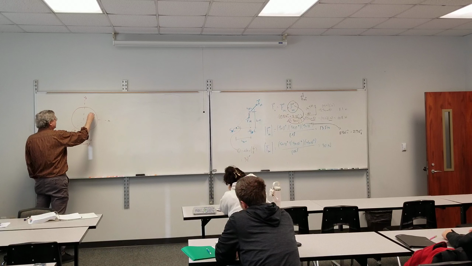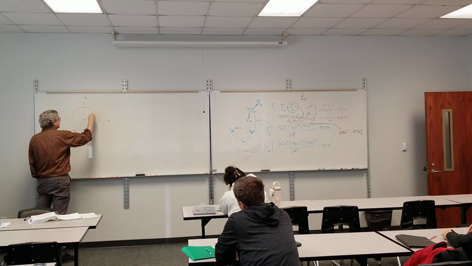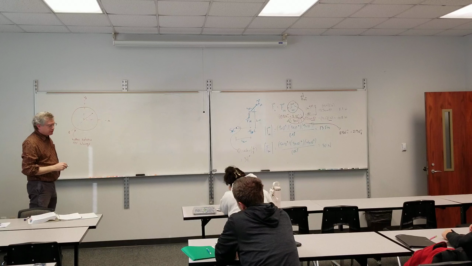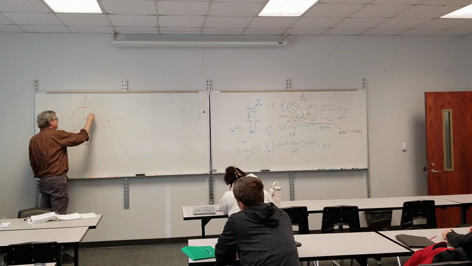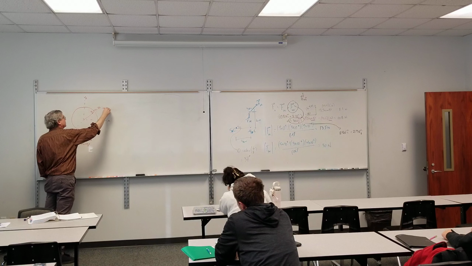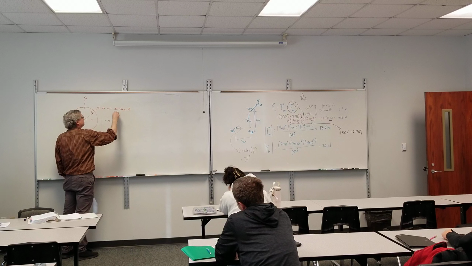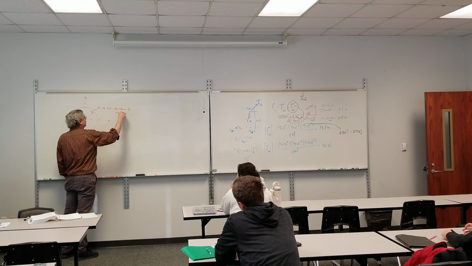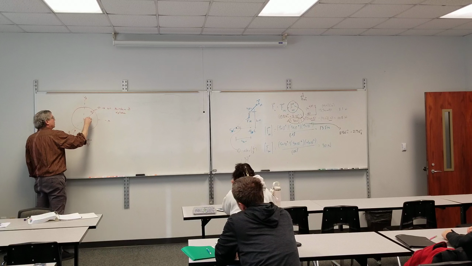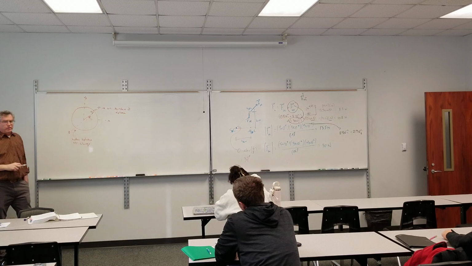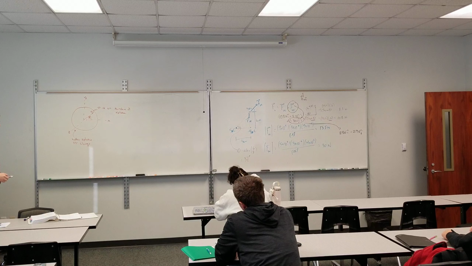I have some point here on the surface, we'll call it point P. P is on the surface of the sphere. The sphere has radius r, so it's r away from the center.